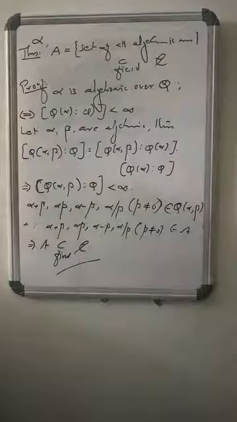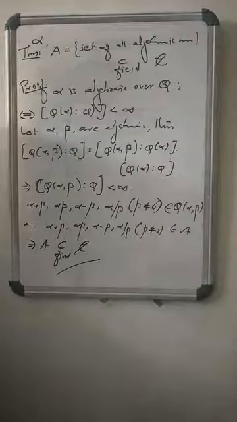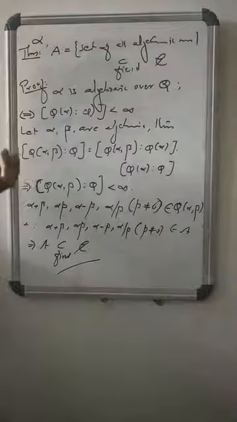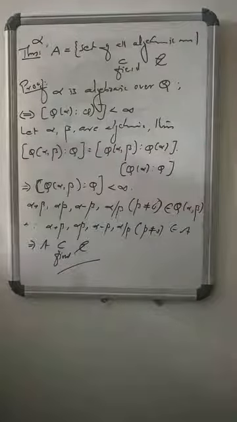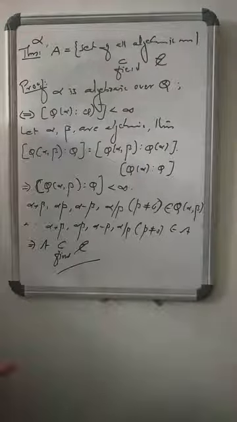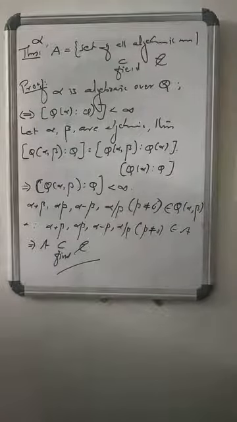Dear students, in this class, let us discuss a new chapter called algebraic numbers. We already know: what's an algebraic number? A complex number alpha is an algebraic number when it is algebraic over Q, the set of rationals.